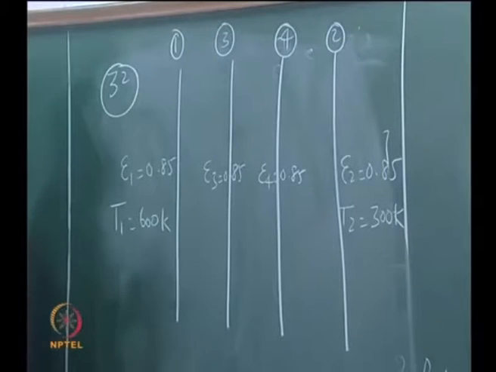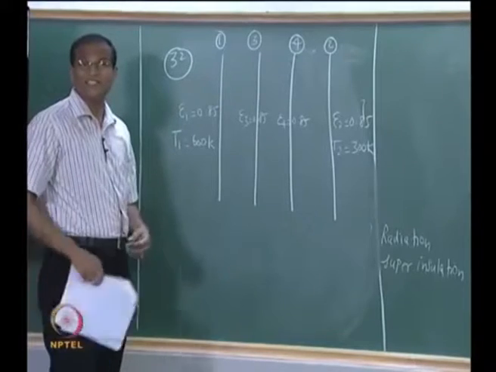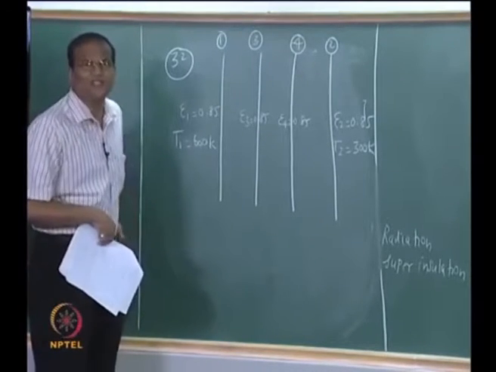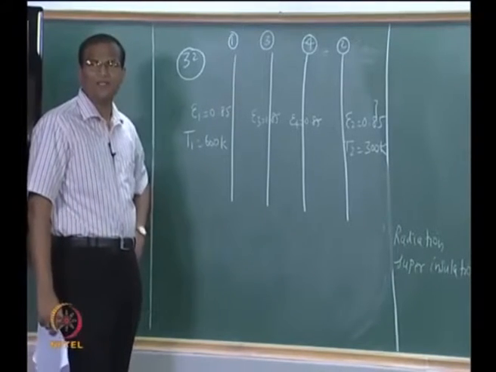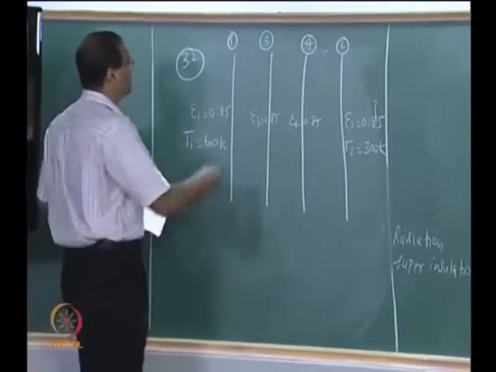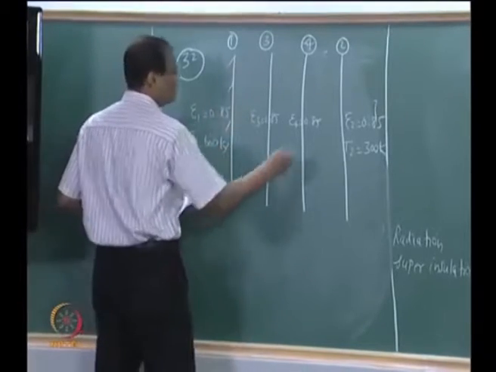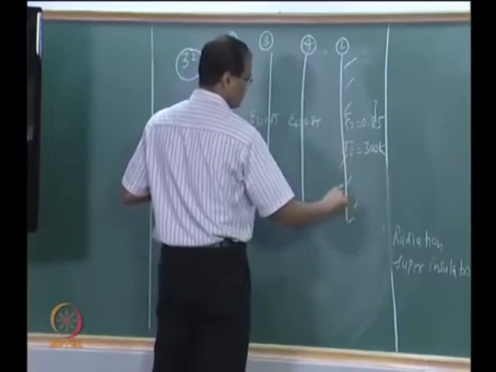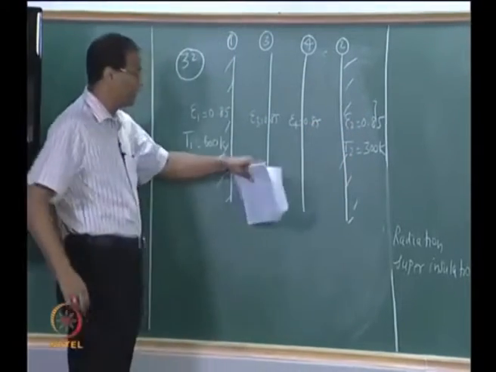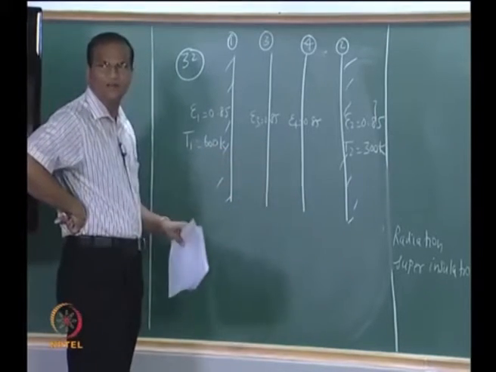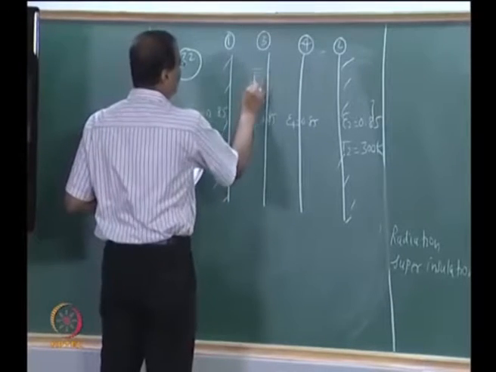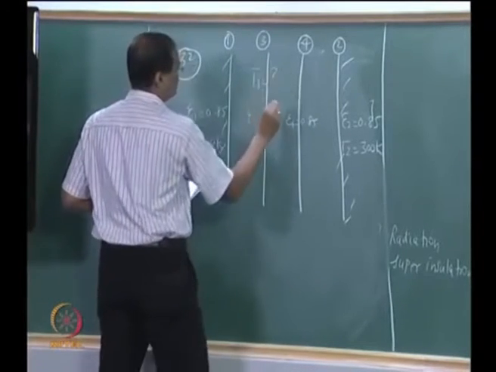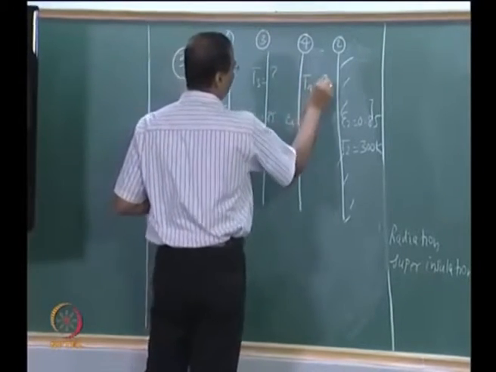How many surfaces are there in this problem totally? 6 surfaces are there. There are 2 surfaces for each of the 2 shields, which makes them 4 surfaces, and 1 surface each for the plates. We do not care about the left side of 1 and the right side of 2, but we do care about the left side and right side of the intermediate fellows, okay. So, T3 equal to not known, T4 equal to not known.